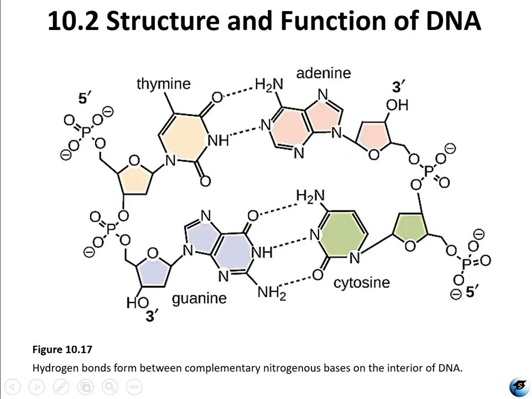The bases are held together to each other on the inside of the molecule with hydrogen bonds. That is important because hydrogen bonds are not as strong as covalent bonds or even ionic bonds, which means that they can be broken apart relatively easily, much more easily than the phosphodiester bonds that hold the backbone together. But again, I'm getting ahead of myself.